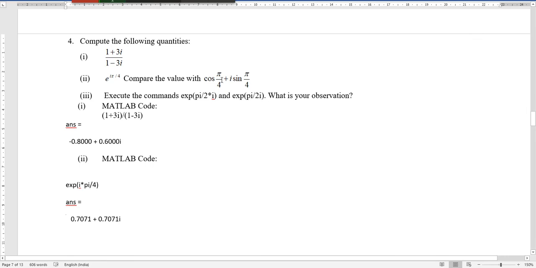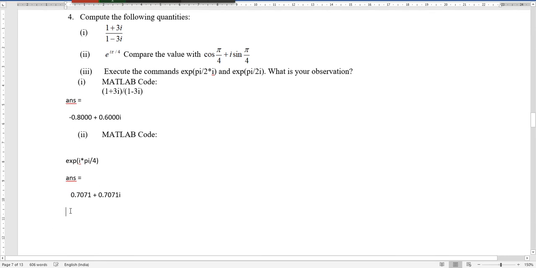Now this one, cos of pi by 4 plus i into sin, better to use sin without confusion, pi by 4.